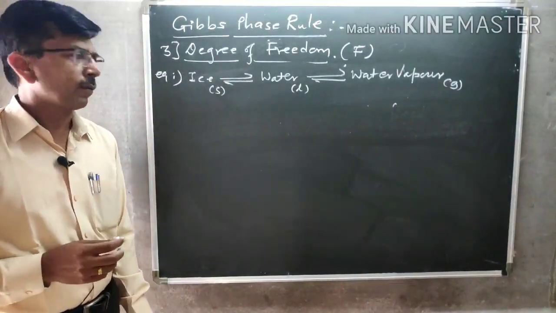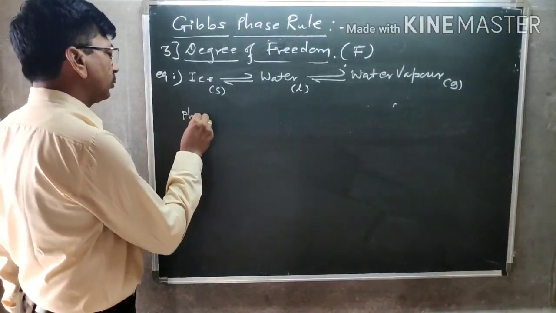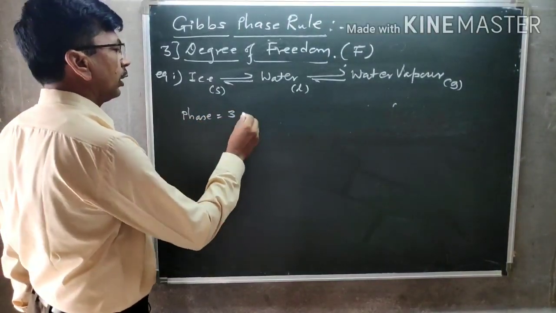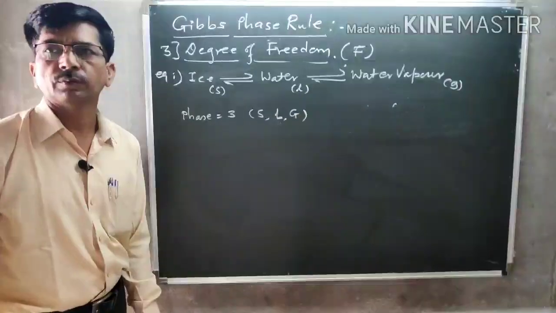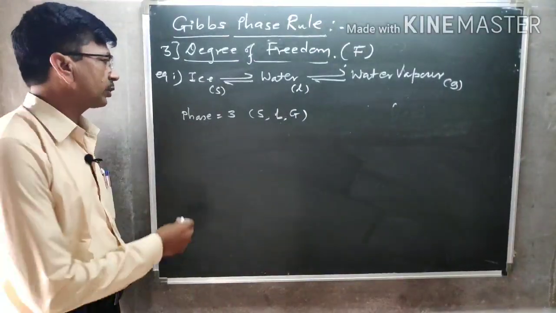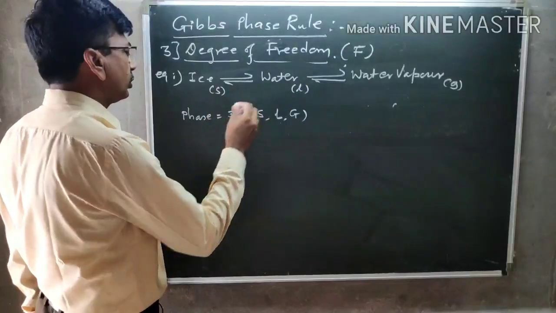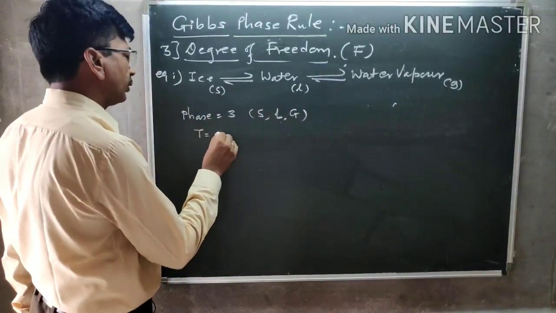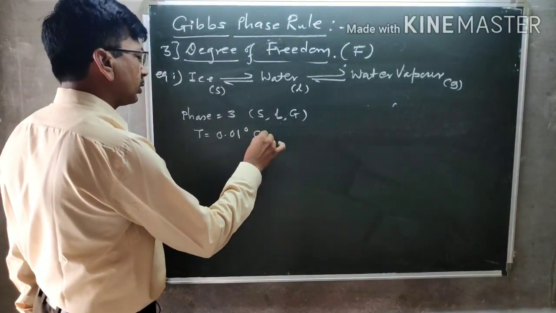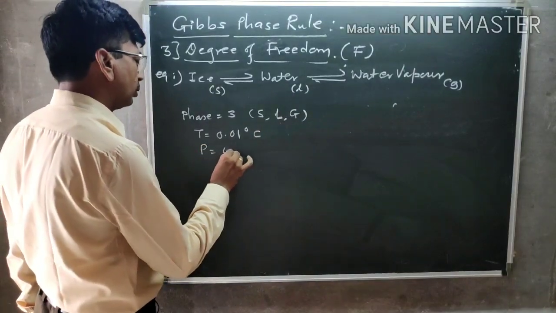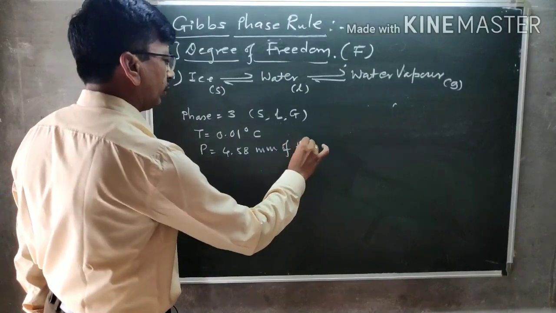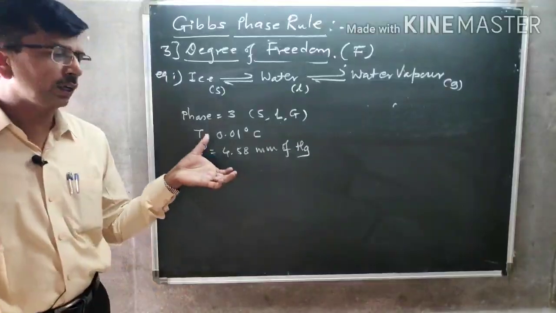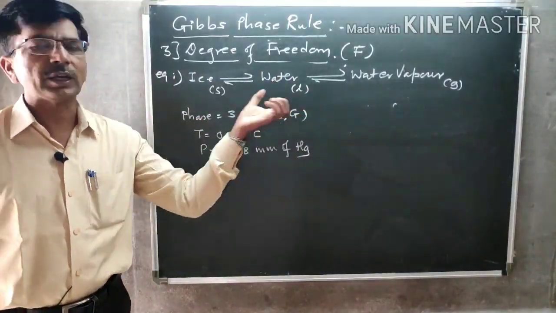Now in this case, the phases are 3. And which are those? Solid, liquid and gas. What are the parameters to maintain this equilibrium? Temperature is 0.01 degrees Celsius and pressure is 4.58 mm of mercury. At this condition, this equilibrium is maintained.